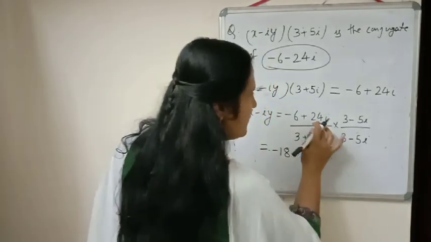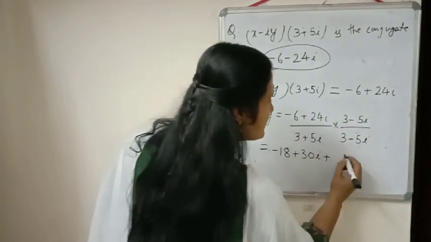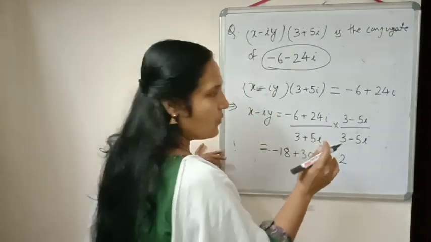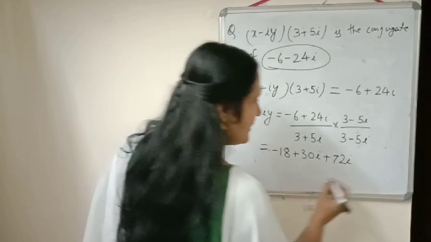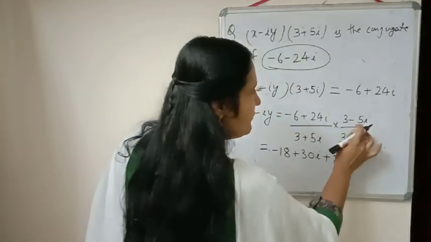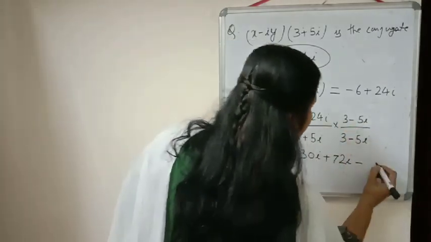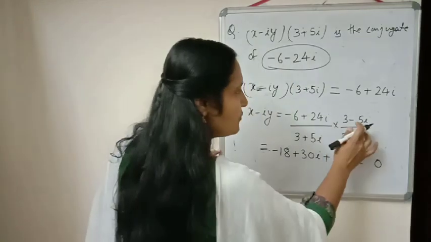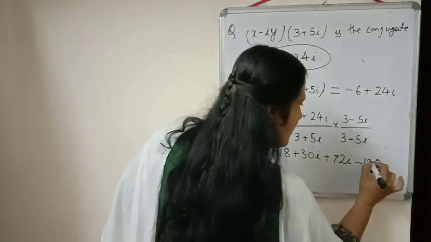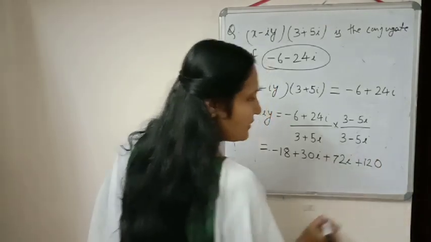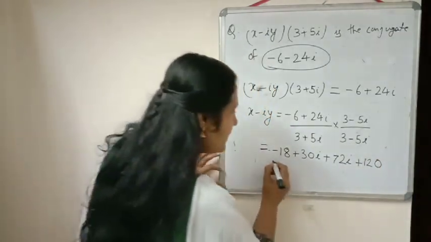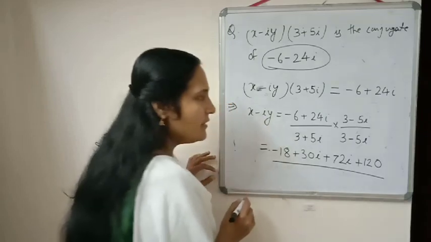Then plus 24 into 3. 3 fours are 12, carry over 1. 3 twos are 6 plus 1, 7. 72i. Then minus 24 into 5. 5 fours are 20, carry over 2. 5 twos are 10 plus 2, 12. i square. And i square is minus 1. So it will be equal to plus 120 by denominator.